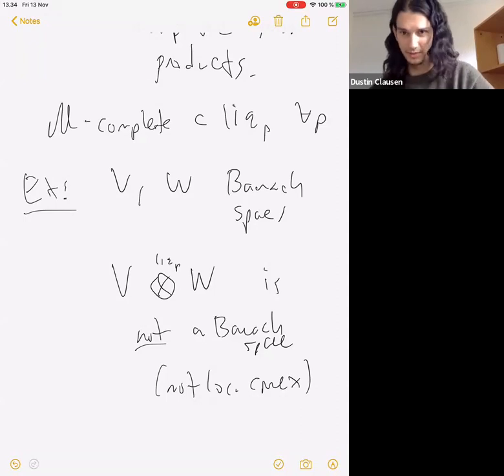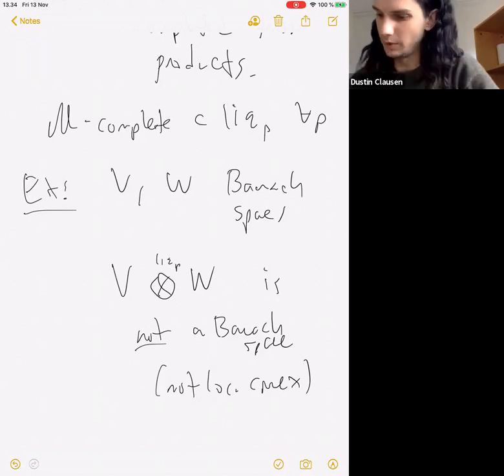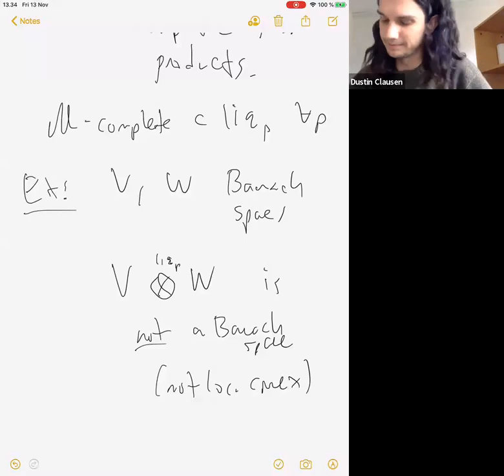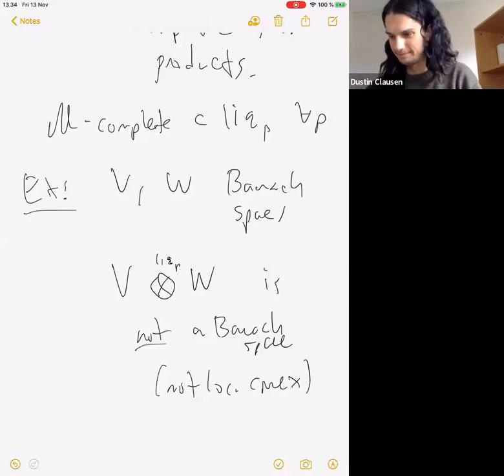That follows from the axiomatics. Yeah, so this p-liquid tensor product, we're only adding in p-summable linear combinations of elements in V and elements in W. So there's no guarantee that you can define some sort of Banach norm on this.